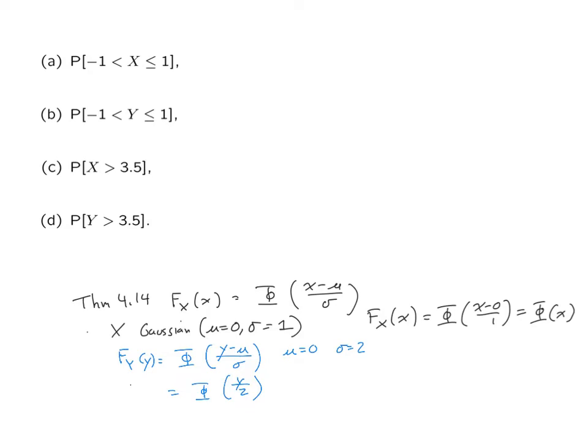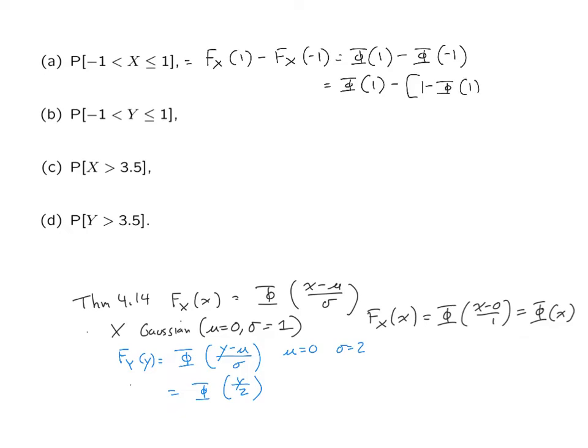Specifically, for part A, we write that the probability x is in the interval from -1 to 1 is the CDF of x at 1 minus the CDF of x at -1. This is phi of 1 minus phi of -1. And then you may remember an identity that phi of -1 is equal to 1 minus phi of 1 that we showed earlier.